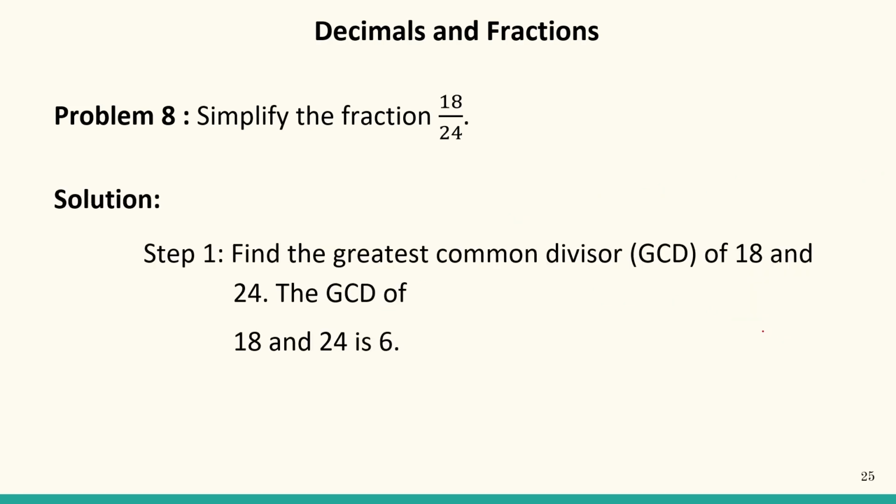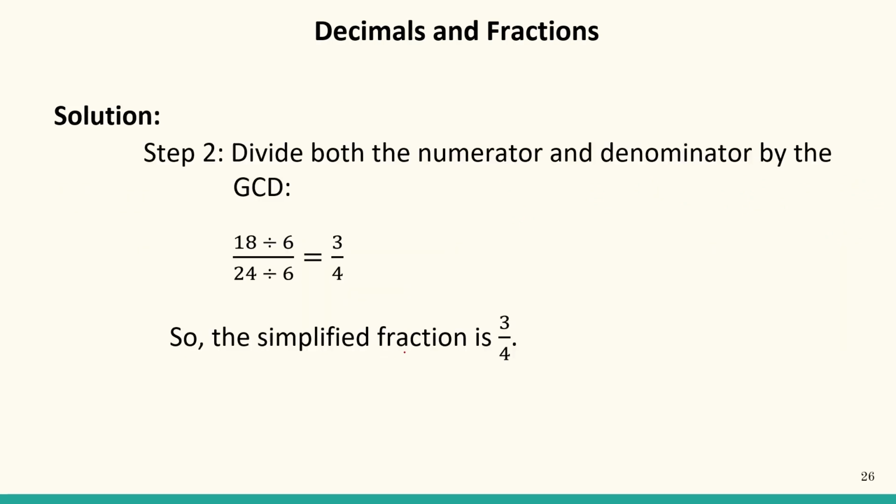So this must be the answer. So what we did was find the greatest common divisor, GCD, of 18 and 24. So the GCD of 18 and 24 is 6. Then we divided both the numerator and denominator by the GCD. This is another method.